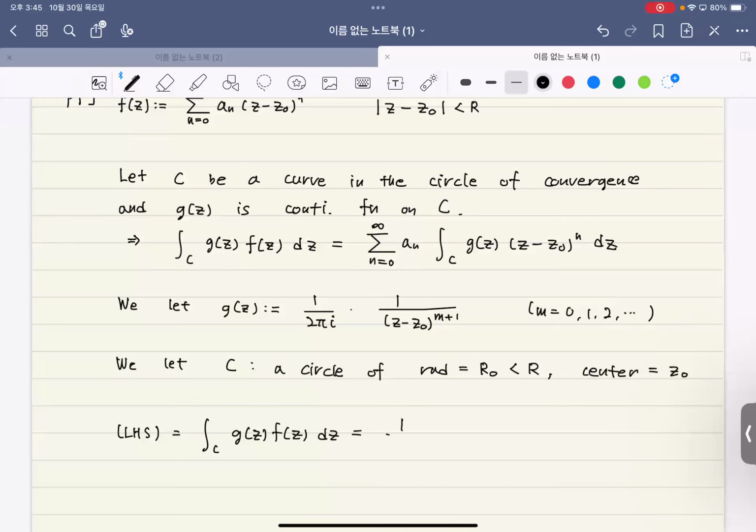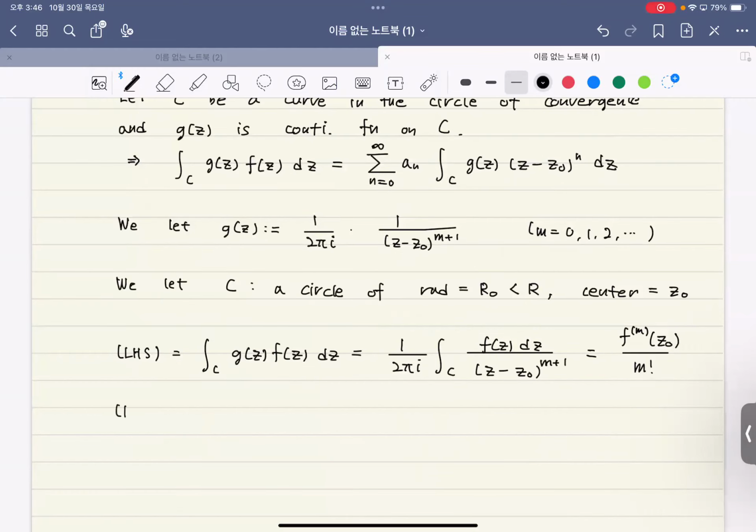This is just 1 over 2 pi i, the integral over C of f(z) dz over (z minus z0) to the m plus 1. We know this very well because of the extension of the Cauchy's integral formula. So it turns out this is m factorial, and f's m-th derivative evaluated at the center of the power series.